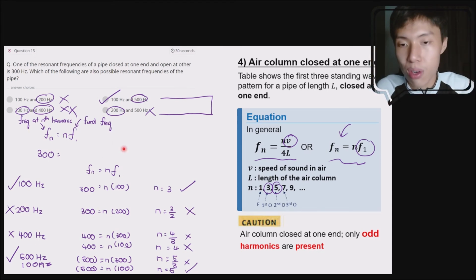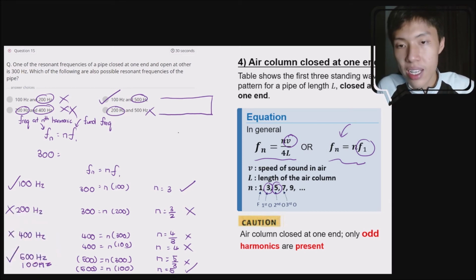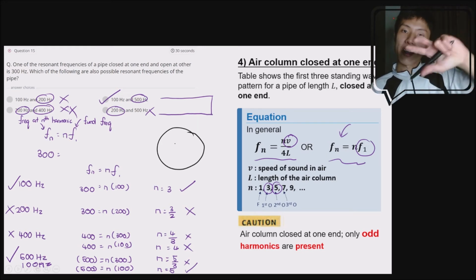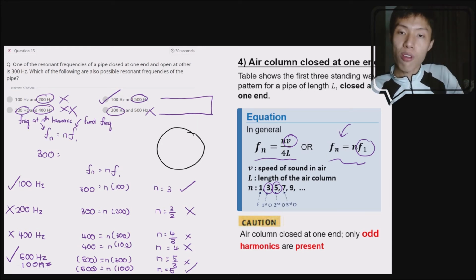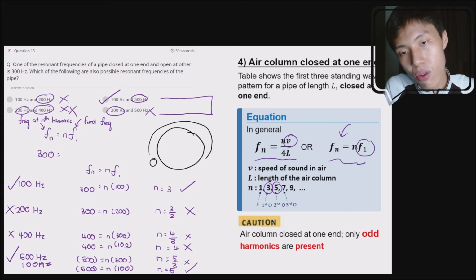Then this is what you observe. Let's say you have a dial, like a knob, like your fan, you can turn 1 2 3 4 5. Let's say you have a knob that can go from 0 to 500 hertz. Let's say now it's pointing at 0.